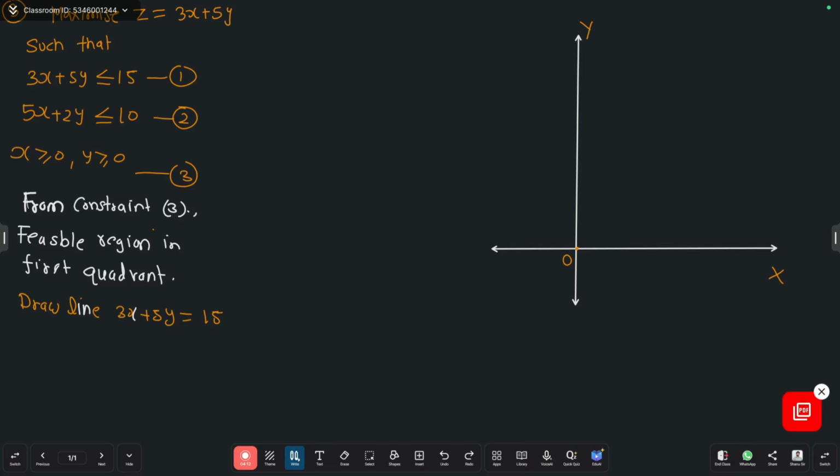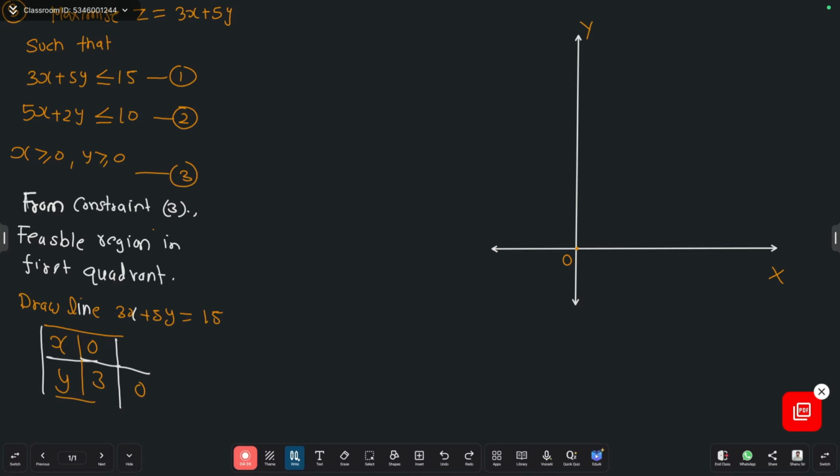Just take some points. We can put x value 0 one time, not always 0, any value you can put, but putting x 0 and y 0 is more convenient. So draw a table x, y here. Whenever x is 0, what is y? 5y is 15, so y is 3.